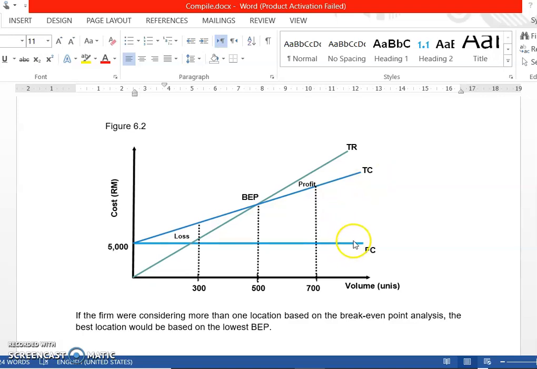And here we have total cost. Total cost, we start from the fixed cost. Fixed cost has a parallel line because every month you pay the same amount.